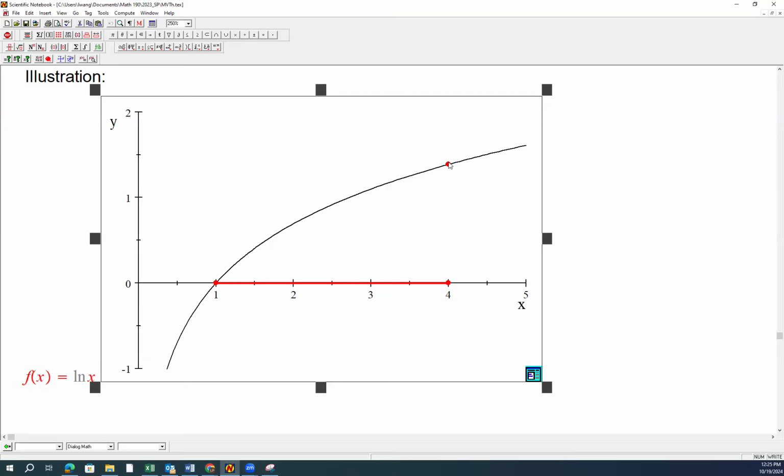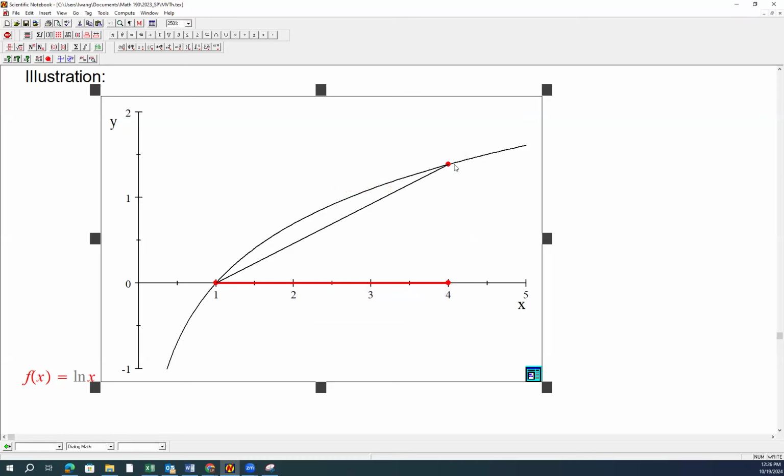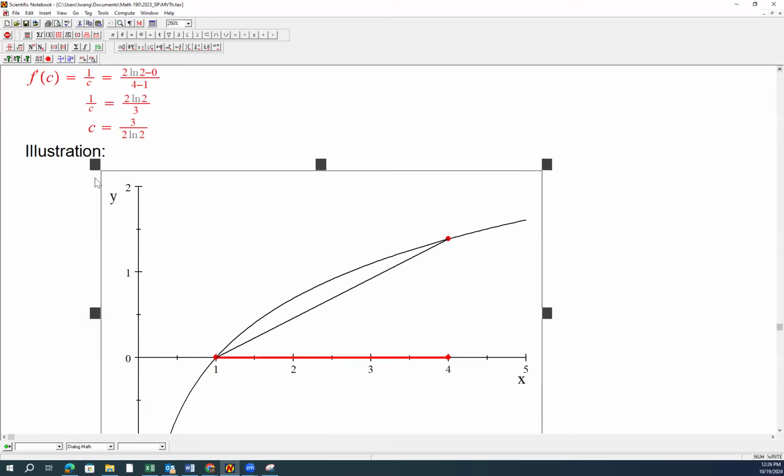Connecting these two points, there is a secant line, from (1, 0) to (4, 2 times ln 2). So what this theorem says is we found the number c. This is c.